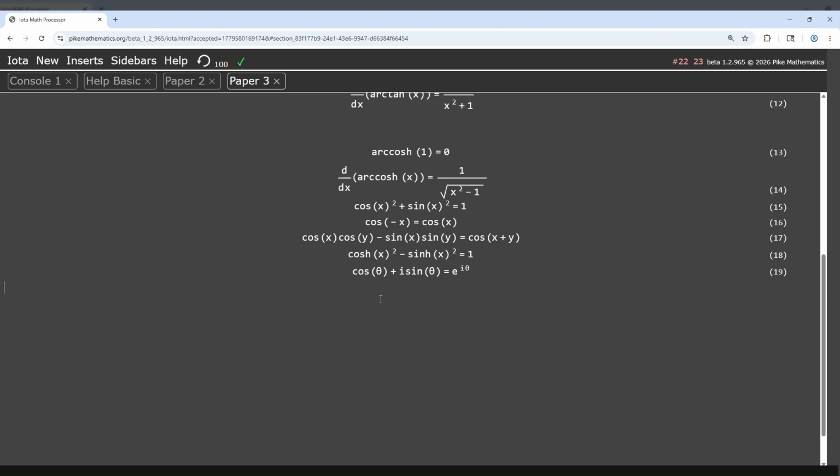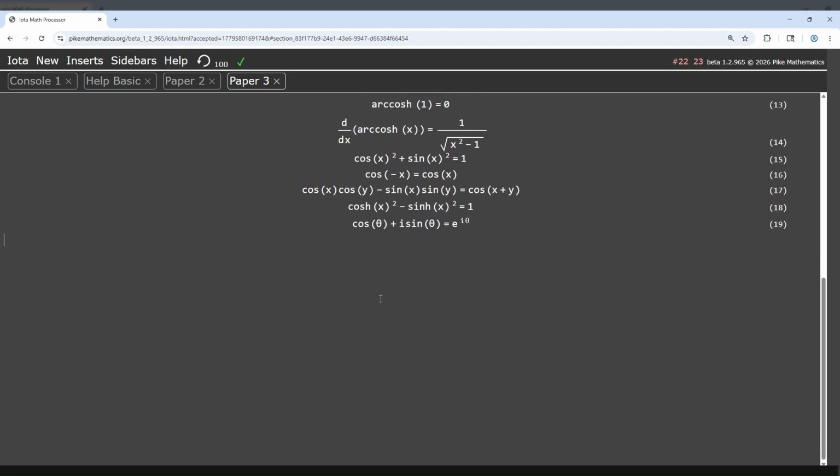Let's see, what else? I would like to graph something quickly. And that is, I want to display something first. We have the sine of I. We know, here, I'll do the sine of x.